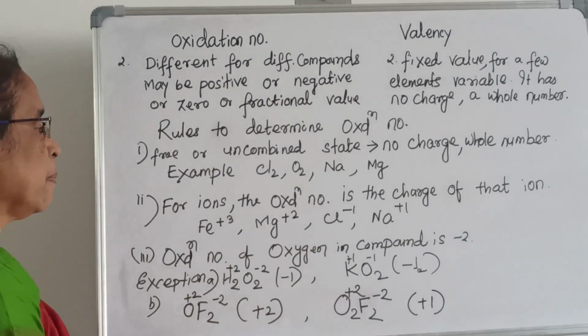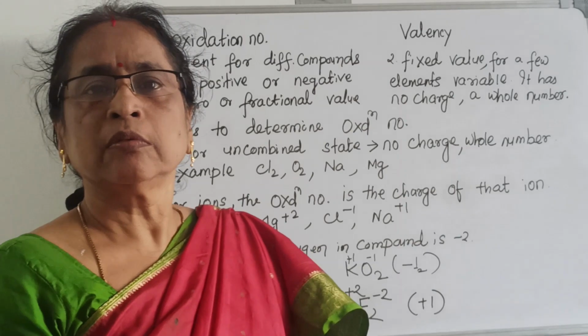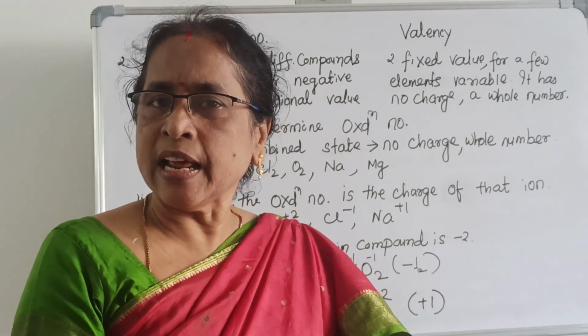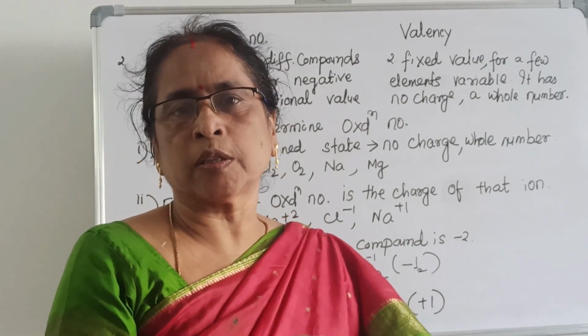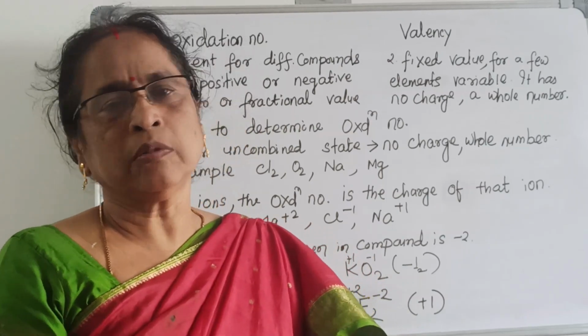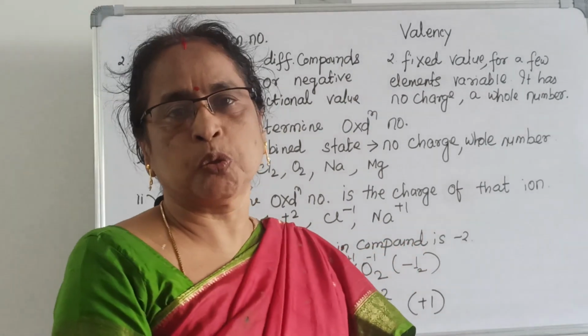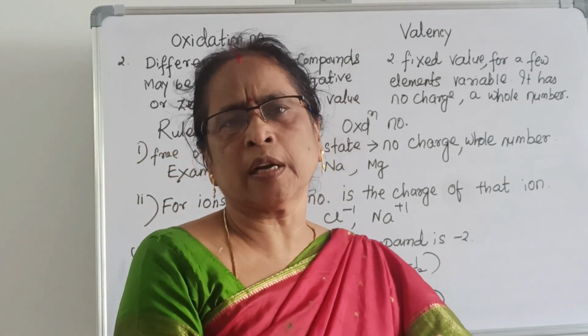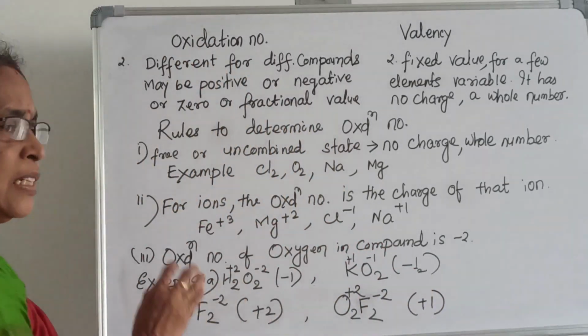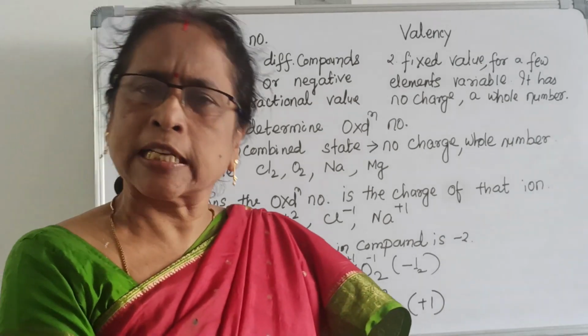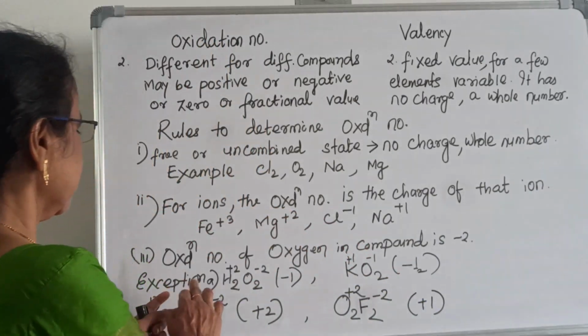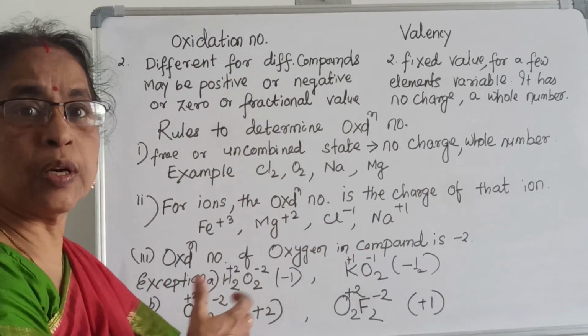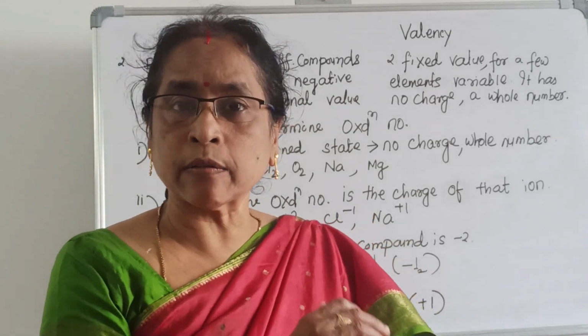Now, the oxidation number of oxygen in a compound. Generally the oxidation number of oxygen in a compound is -2. Most compounds have an oxidation number of -2 for oxygen. But there are a few exception cases. See, number 1, H2O2. What is H2O2? Hydrogen peroxide.